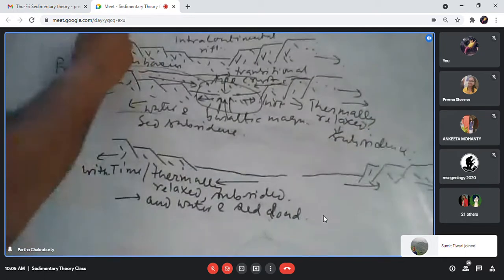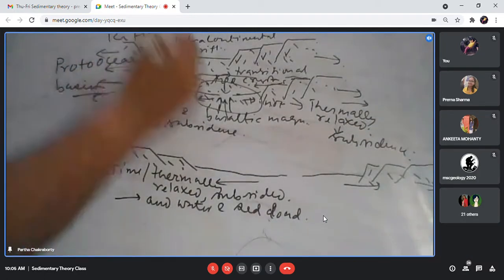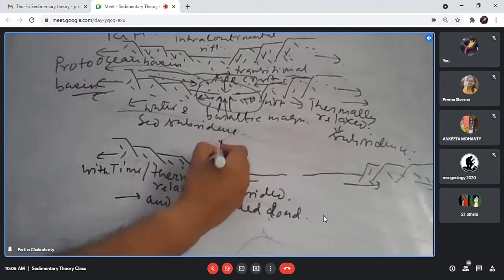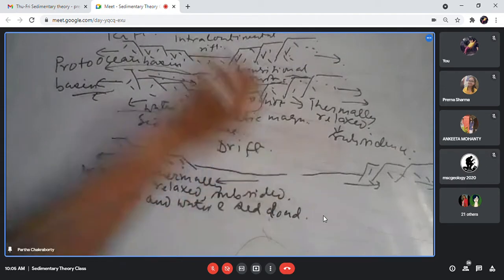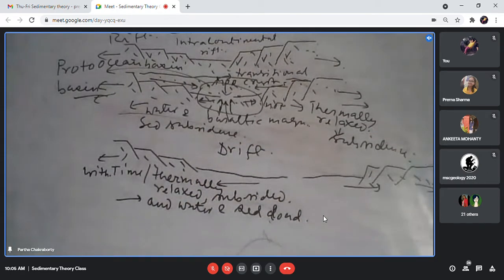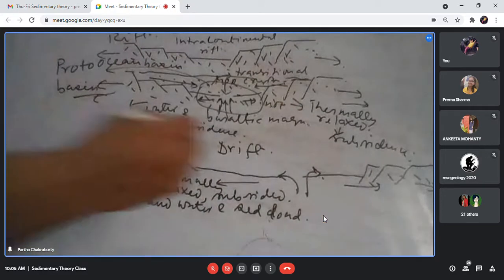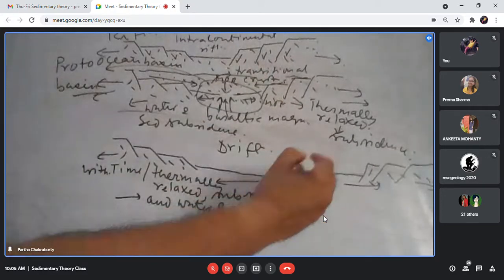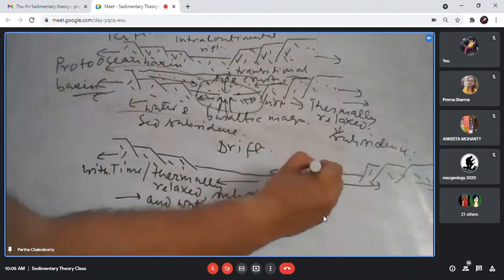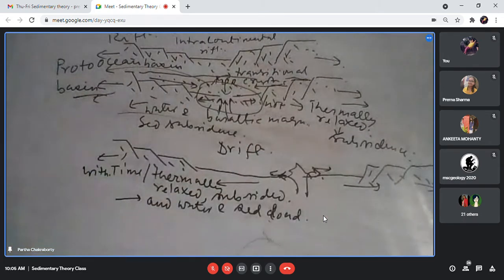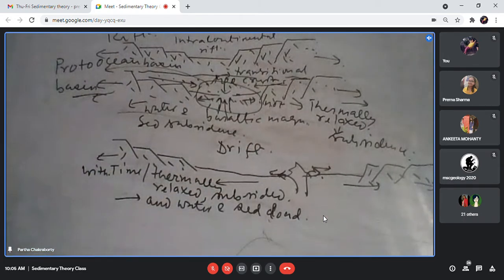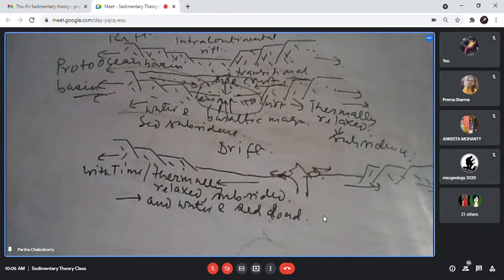You started with a rift, and now you have reached a stage of drift. Because of the formation of a mid-oceanic ridge and active spreading, the two parts of the rift are going away from one another.